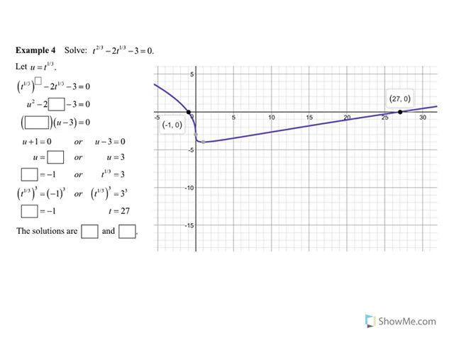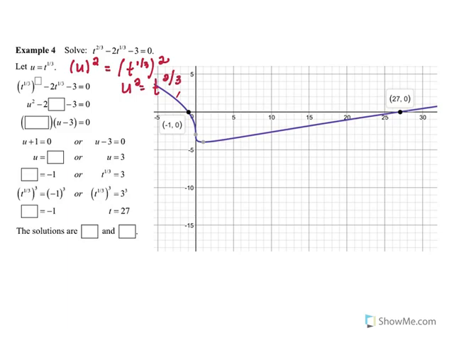Here I have t to the 2/3 minus 2t to the 1/3 minus 3 is 0. So what I'm first going to do is let u equal t to the 1/3. Notice how I'm using my middle term here. Therefore, if I were to take u and square it, and take t to the 1/3 and square it, I would end up with u squared equal to t to the 2/3.